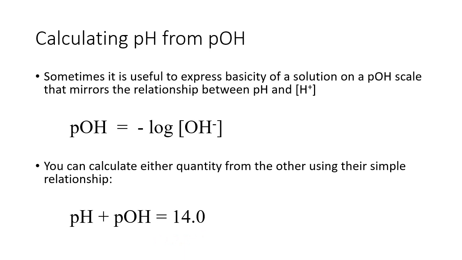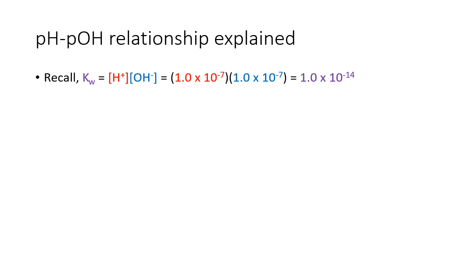Now how did we get that equation? Well, it turns out that that comes from our water self-ionization constant that we talked about earlier. So if you recall, the Kw equals the concentration of H plus times the concentration of OH minus, which for pure water is always equal to 1.0 times 10 to the minus 7 times 1.0 times 10 to the minus 7, which equals 1.0 times 10 to the minus 14.